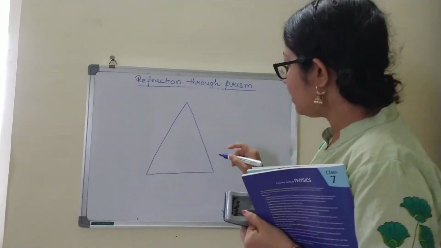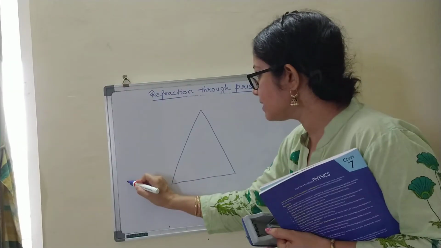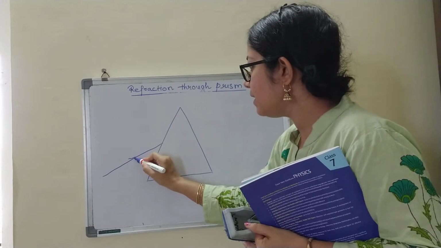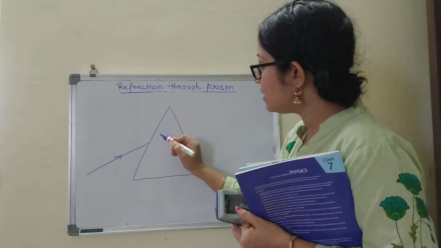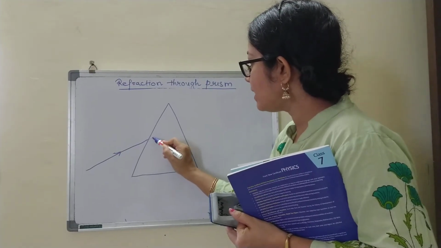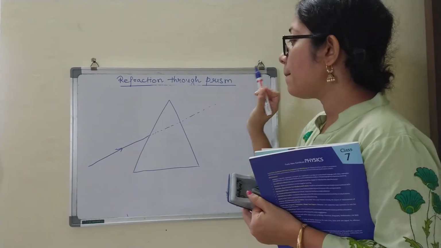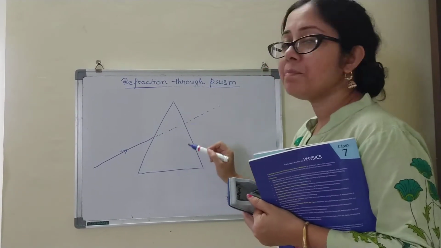Now here, suppose the light is coming from here. This is my incident ray, right? Now the incident ray should have ideally moved in this path, that is the straight path. The light should have gone this way, but since it has changed the medium, the light bends.